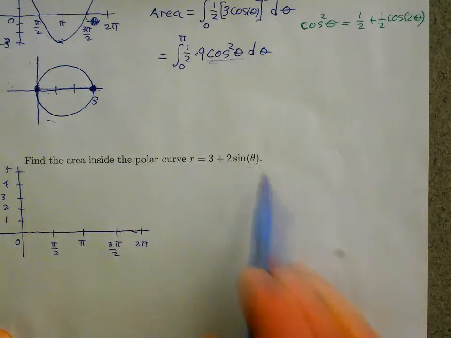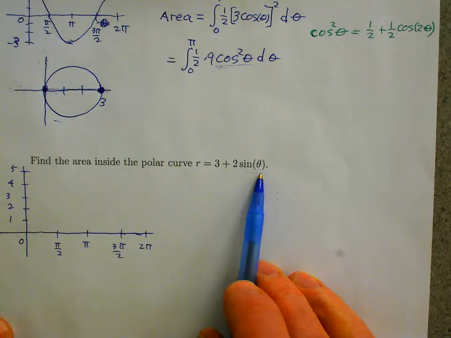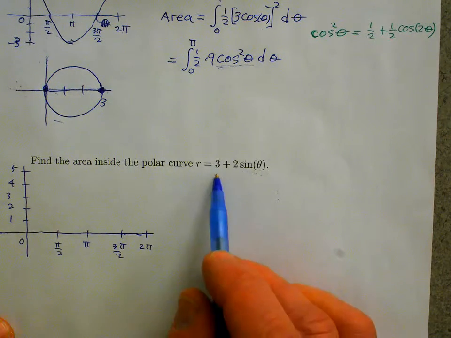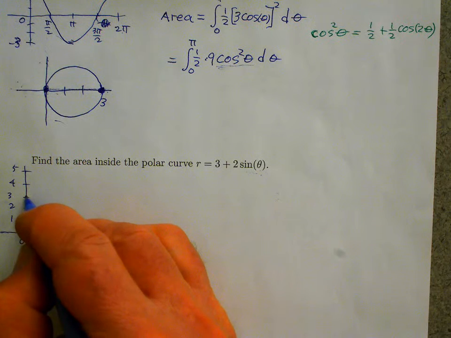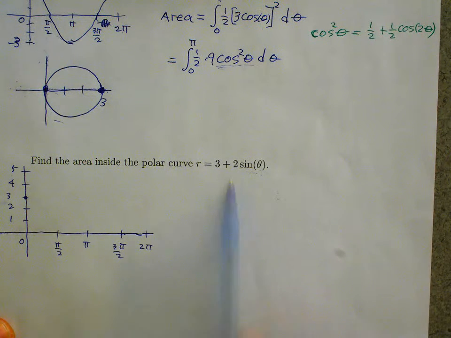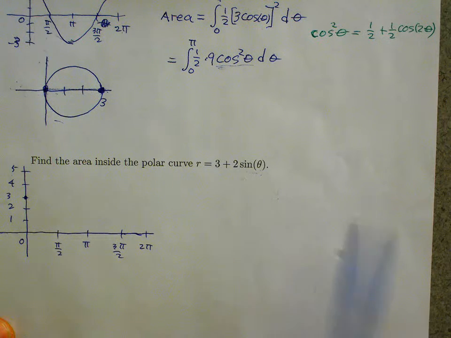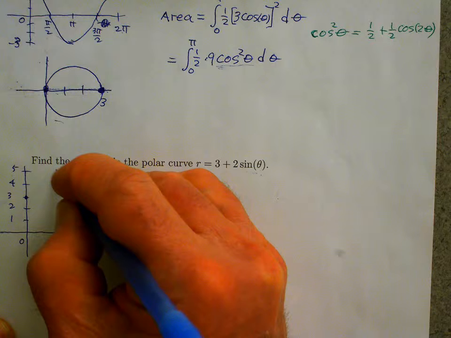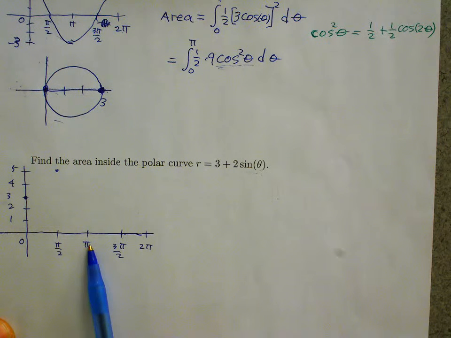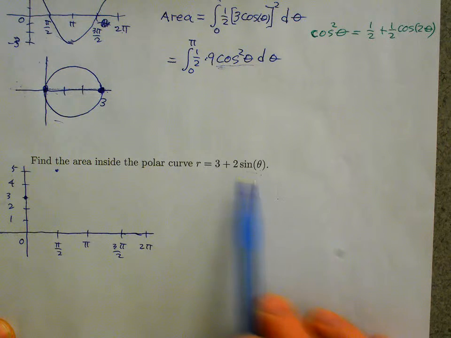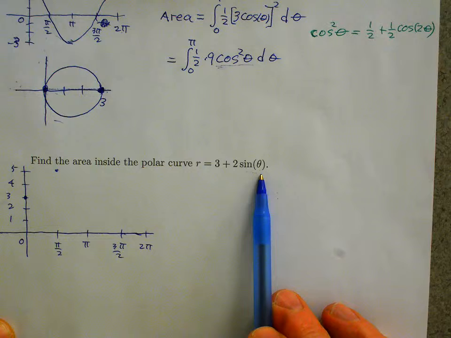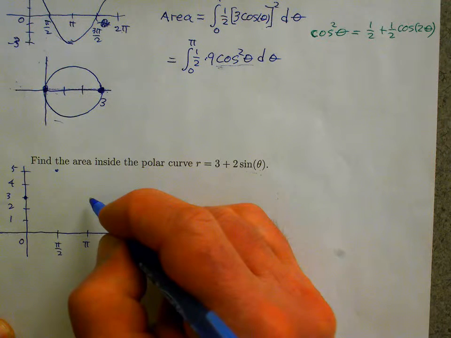Okay, so when theta is 0, the r value is 3. When theta is pi over 2, sine of pi over 2 is 1, and 3 plus 2 is 5. When theta is pi, 2 times sine of pi is 0, so we're back at 3 again.